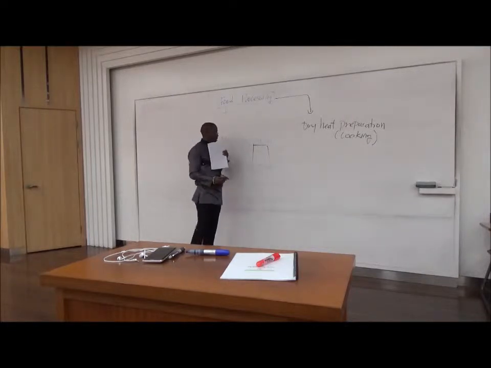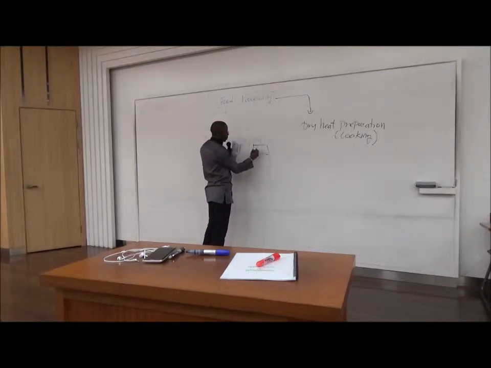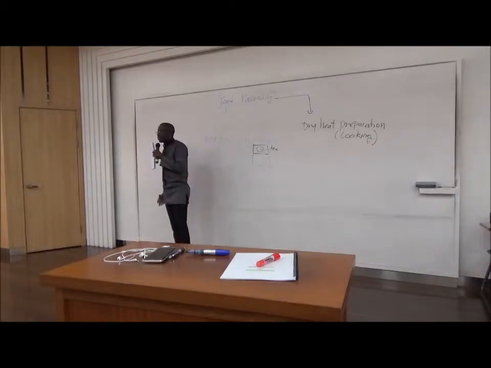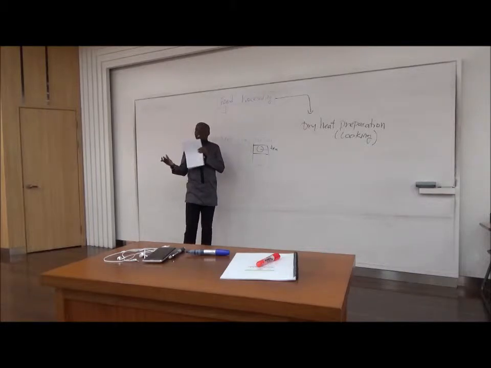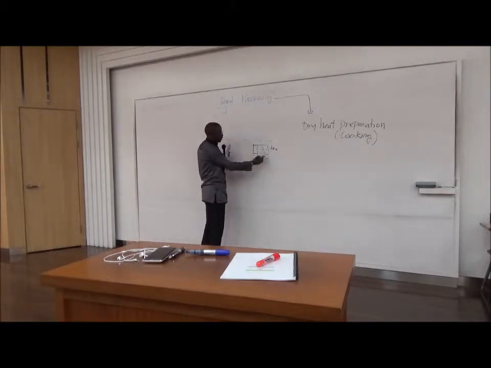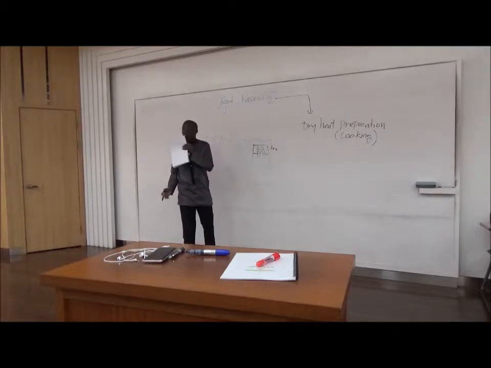Alright? So, if you put it in a very simple way, you put your tea bag here, green tea, whatever, this is the dry form, you put it into hot water, and then what happens here? The nutrients are coming out.